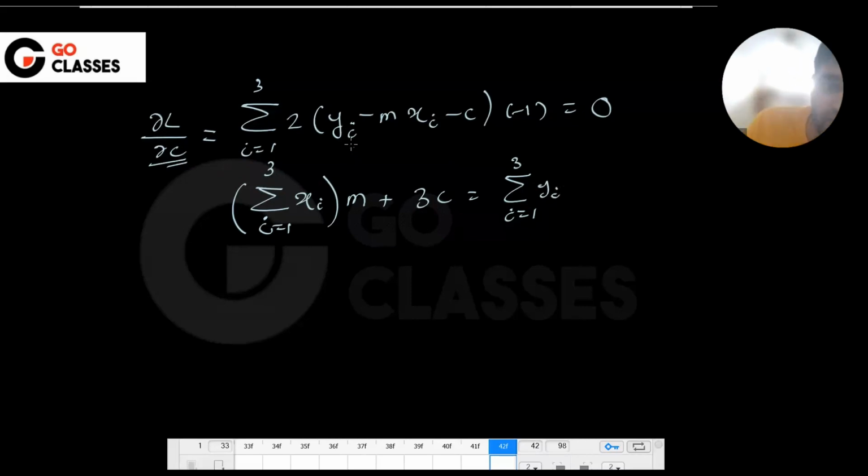Let us just check this is correct. So this is the derivative. The 2 and the minus 1 will multiply, and since this is 0, they will cut out. So summation yi, summation xi m, and summation from 1 to 3 of c is 3c.